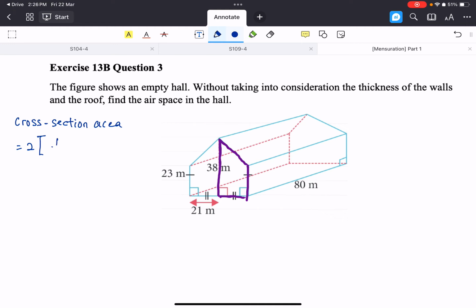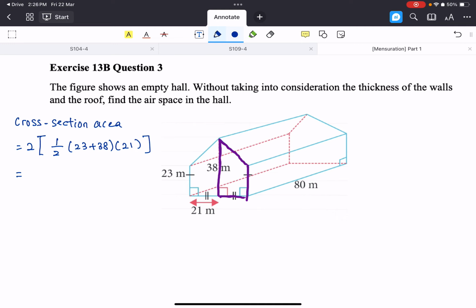And the area of trapezium will be half times 23 plus 38, followed by the perpendicular height, which is 21, right? So whatever is inside the square bracket is the area of the trapezium that I marked out in purple, and I multiply by 2, that will give us the cross-sectional area.